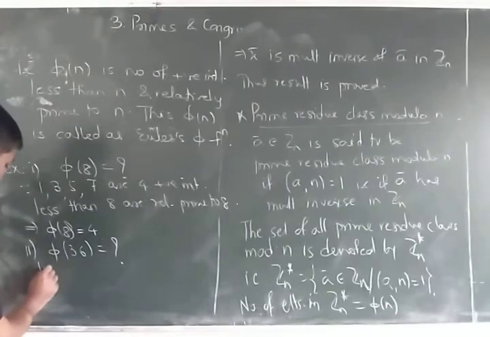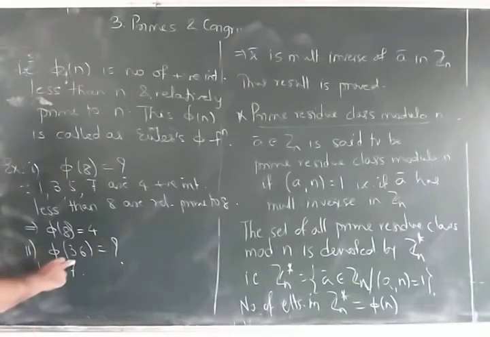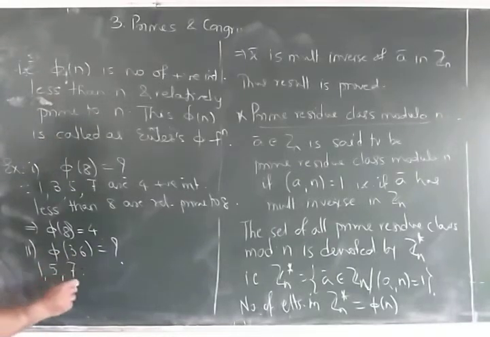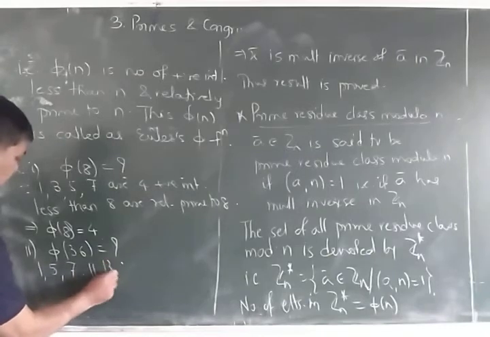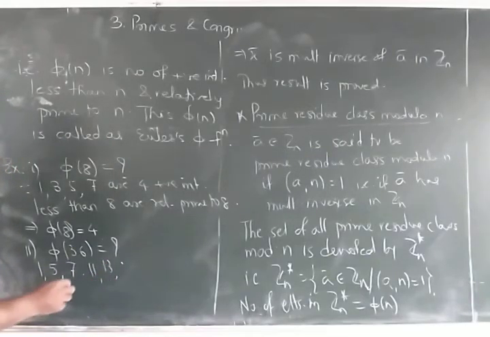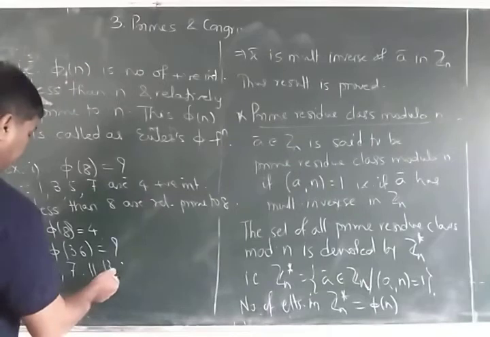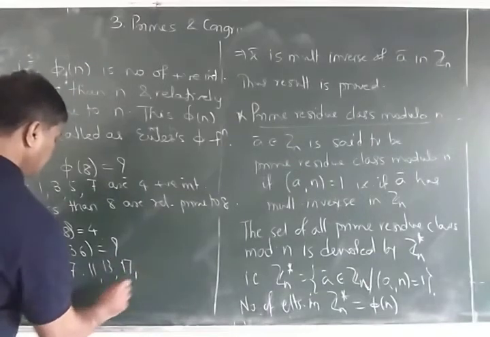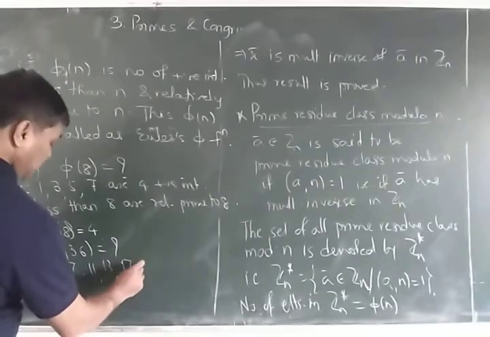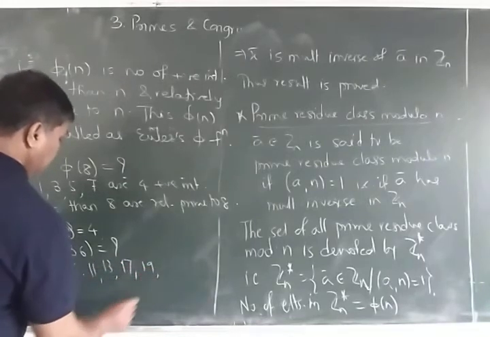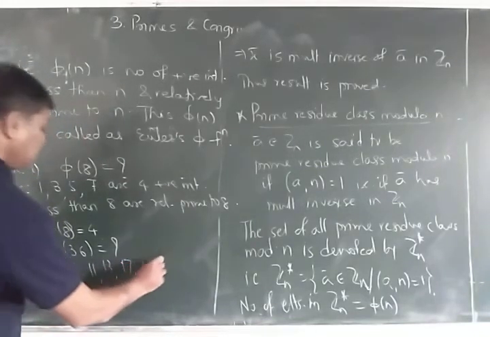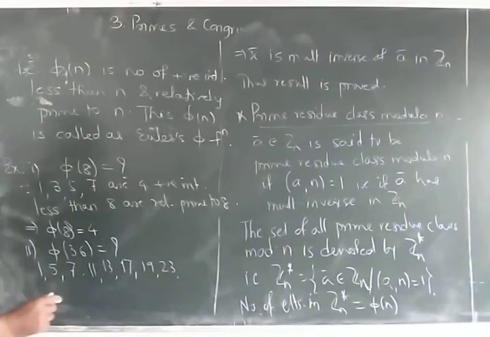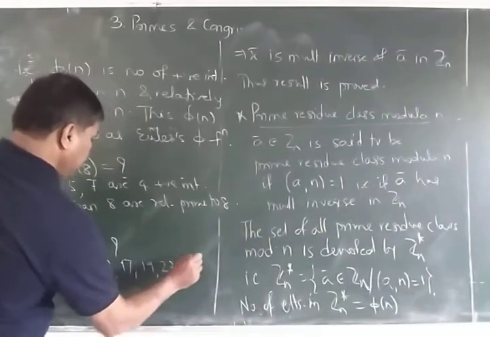Then 5, 7, 9 is not there, 11, 13, 15 is not there, 17, 19, 21 is not there, 23, 25 is relatively prime.